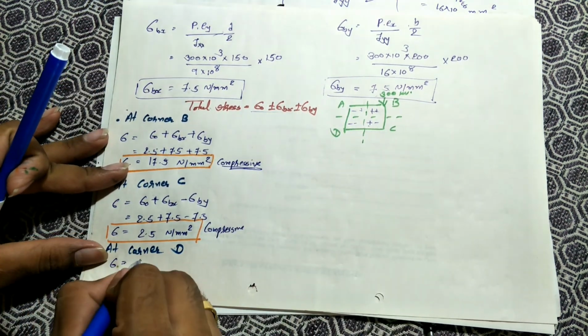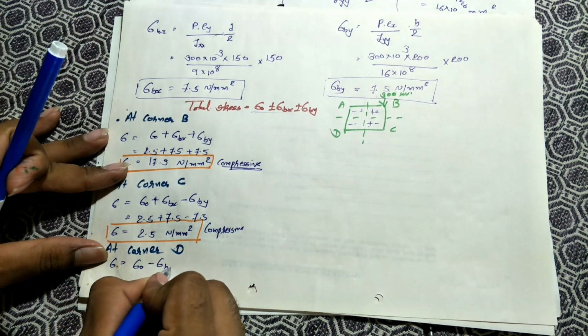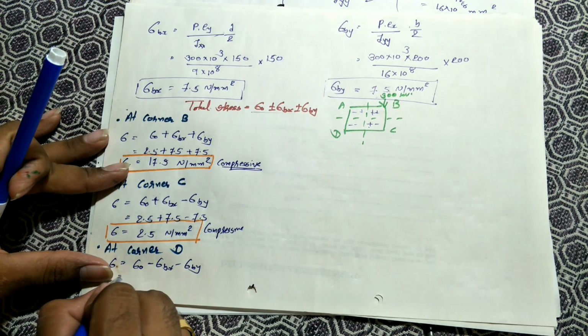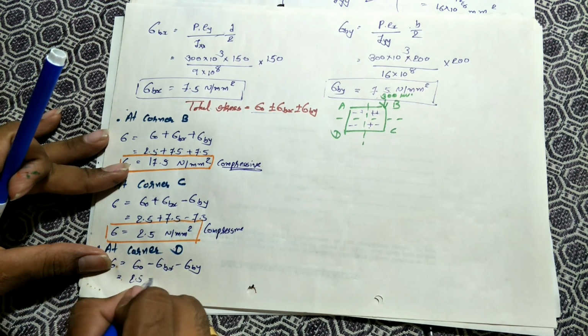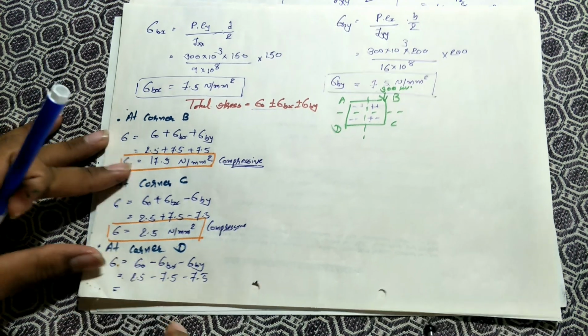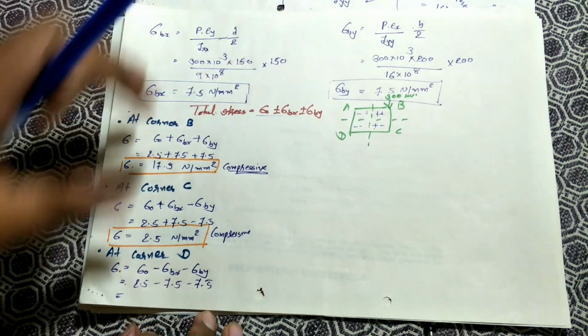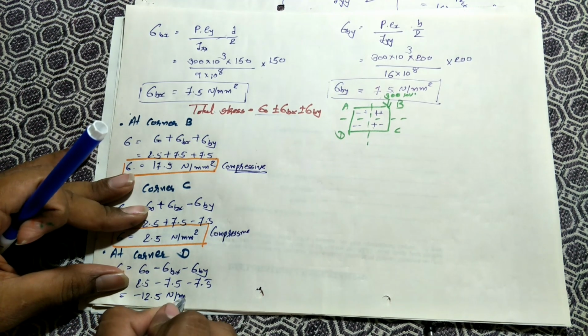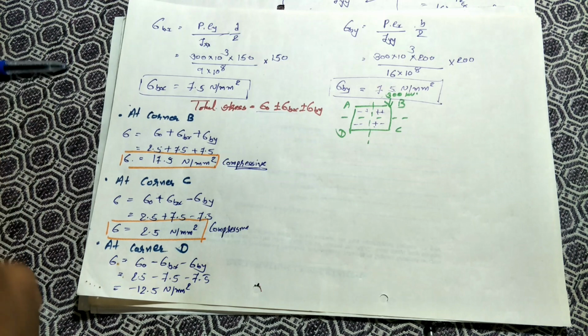So stress is equal to sigma 0 minus sigma bx minus sigma by. Okay, so this is 2.5 minus 7.5 minus 7.5. So this answer will be your which value? Minus 12.5 Newton per mm square.